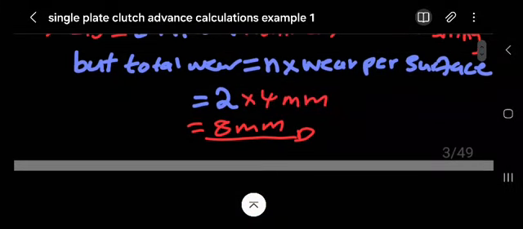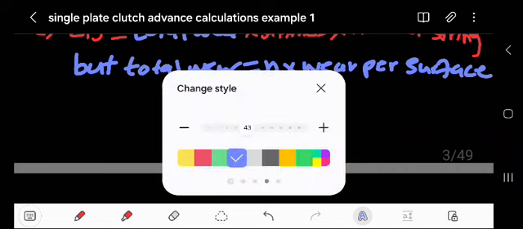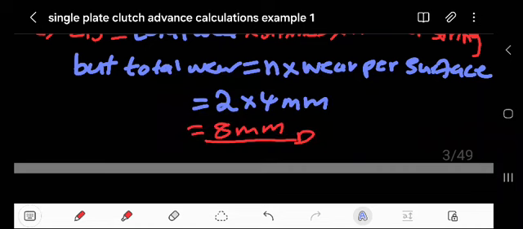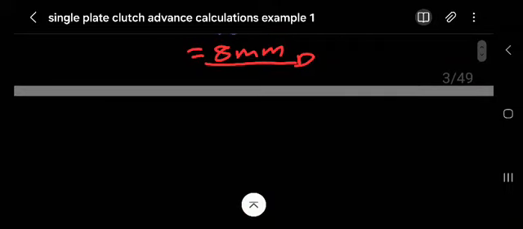Remember, it's only because you are not given the total wear directly. We've calculated the total wear. So we have the total wear. Now we can substitute.